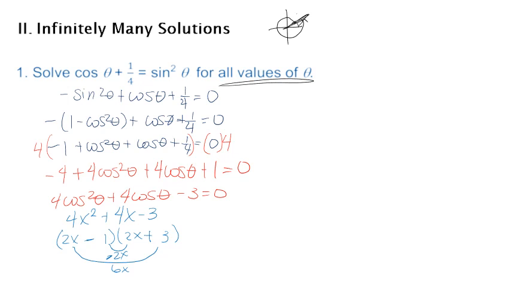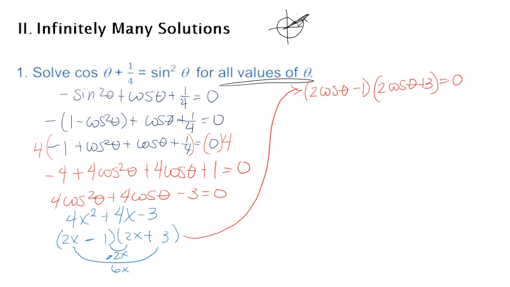Okay, so that means that if I were to factor this, using cosine, I would have 2 times the cosine of theta minus 1 times 2 times the cosine of theta plus 3 is equal to 0.